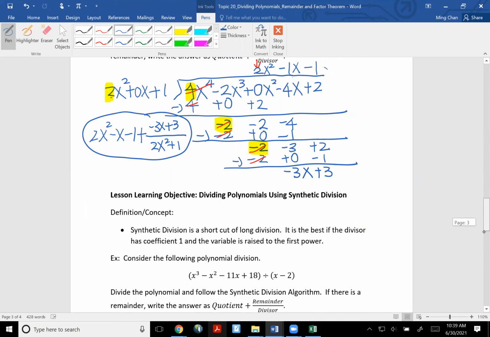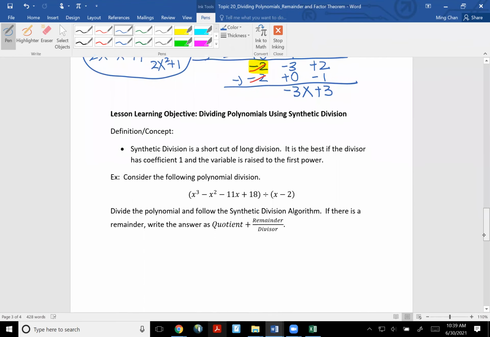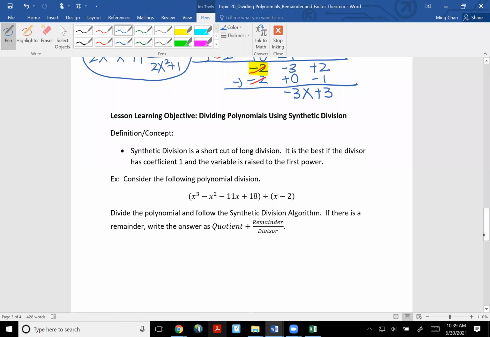Now, another type of division is called synthetic division. Synthetic division is a shortcut of long division. It is designed for a very, very specific type of problem, based on the divisor. It is best if the divisor has coefficient 1 and is also raised to the first power.